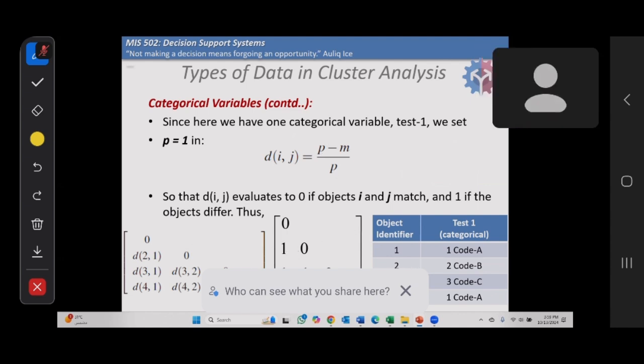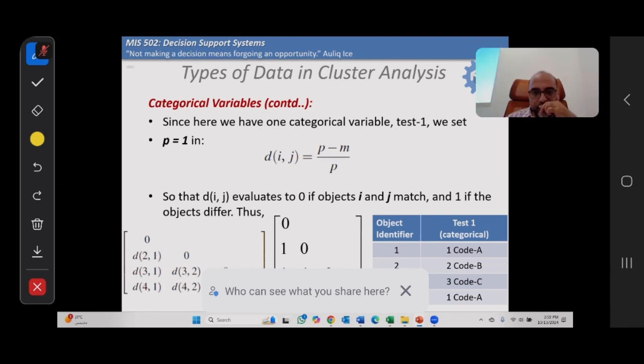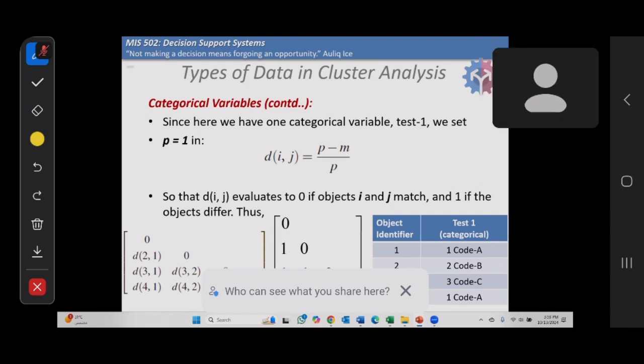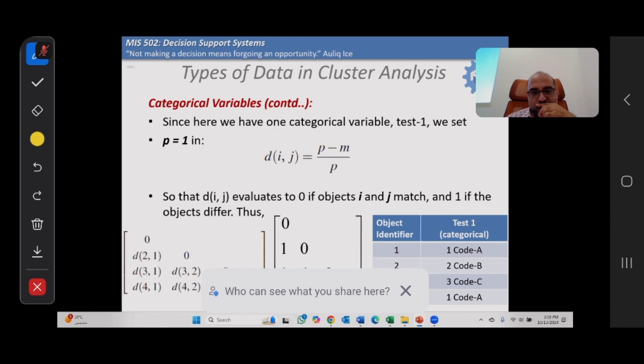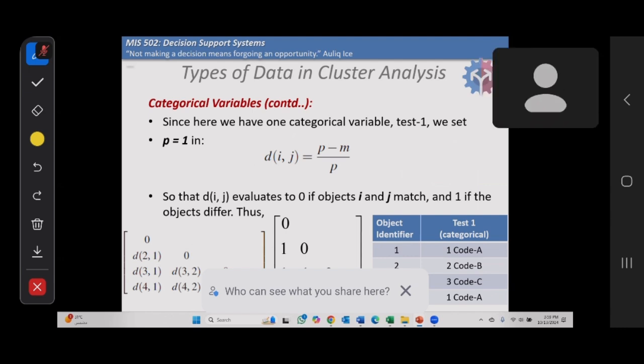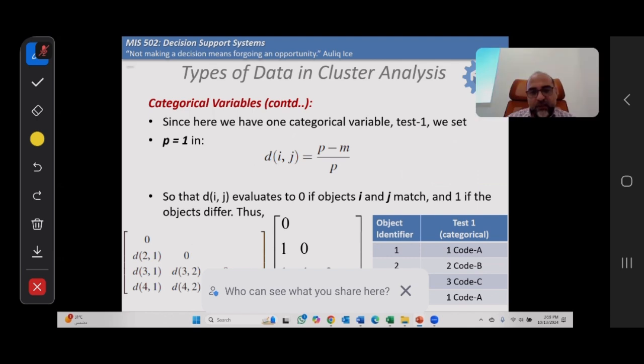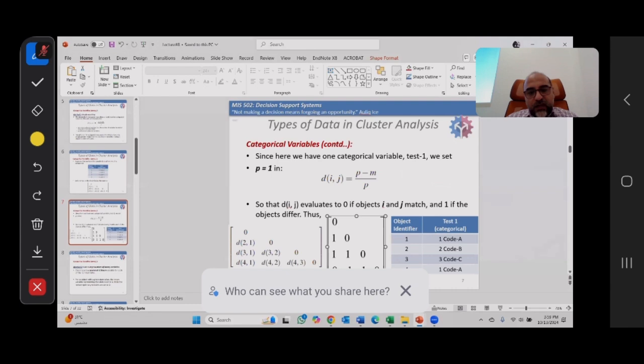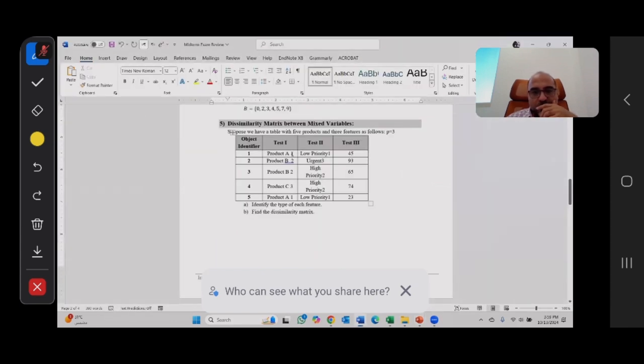What about 2 and 3? Are they matching? No. So you wrote 1. What about 1 and 4? Yes, so there's no dissimilarity, that's why we have written 0 here. Okay. So let's look at this example. I'm going to take one or two of them.